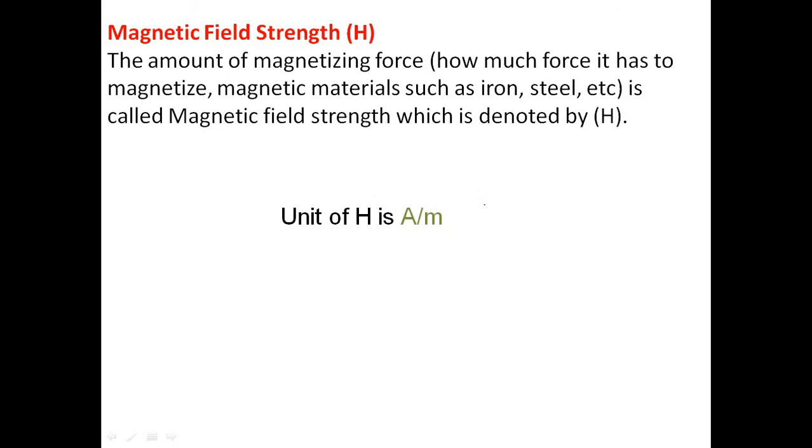The next is magnetic field strength, which is denoted by H. The amount of magnetizing force, that means how much force is required to magnetize a magnetic material such as iron or steel, is called magnetic field strength, denoted by H. H is inversely proportional to the length and directly proportional to the current, which we denote as I. So from these two relations we can define the unit of H, which is ampere per meter.